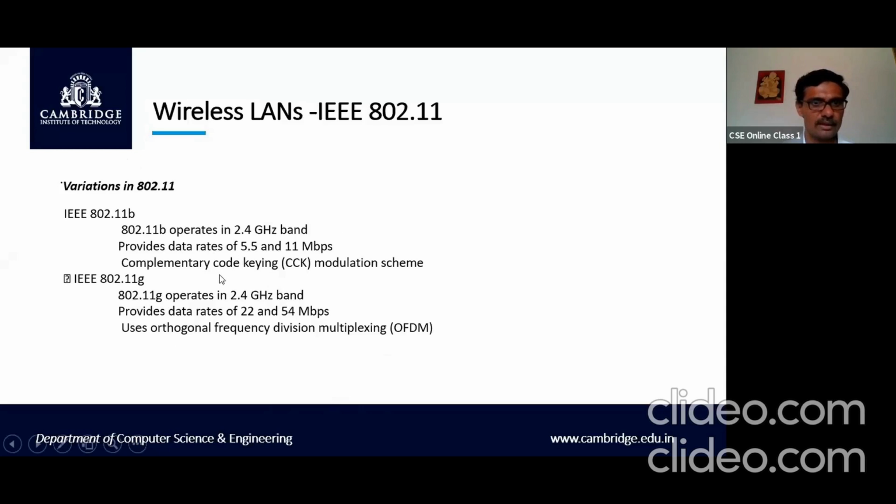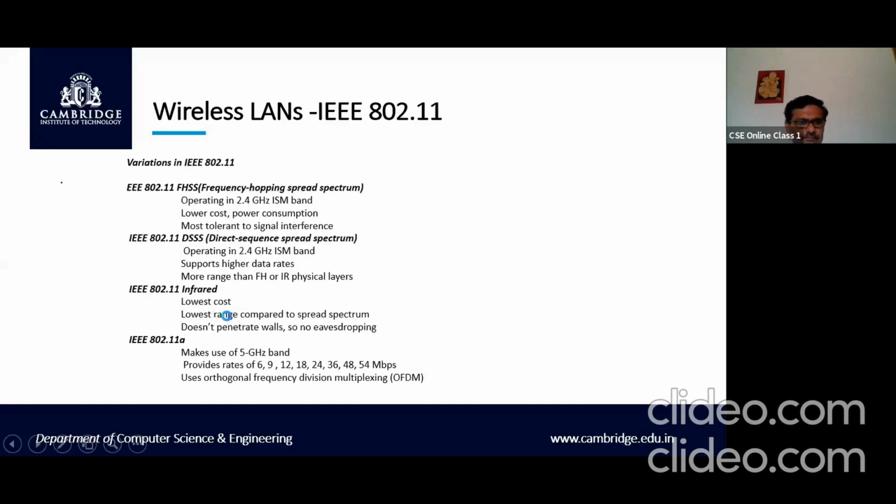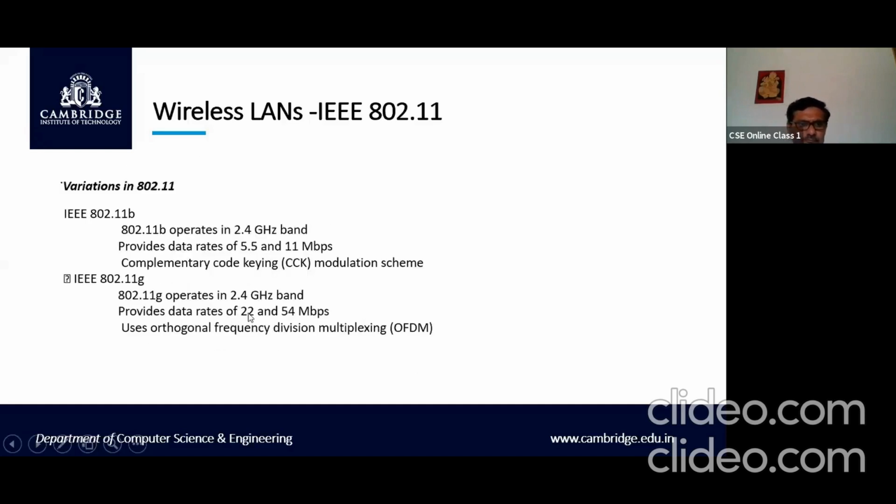It uses the complementary code keying modulation scheme. And there is one more variation, 802.11g. 802.11g operates in the 2.4 gigahertz band, provides a data rate between 22 and 54 Mbps, and uses orthogonal frequency division multiplexing. Okay, this is similar to the first one, A. So this is about this one.